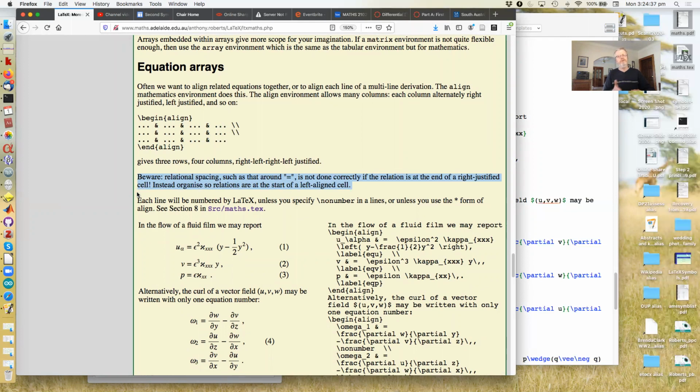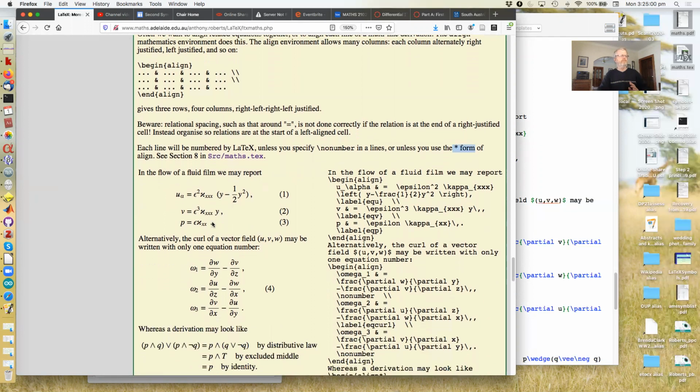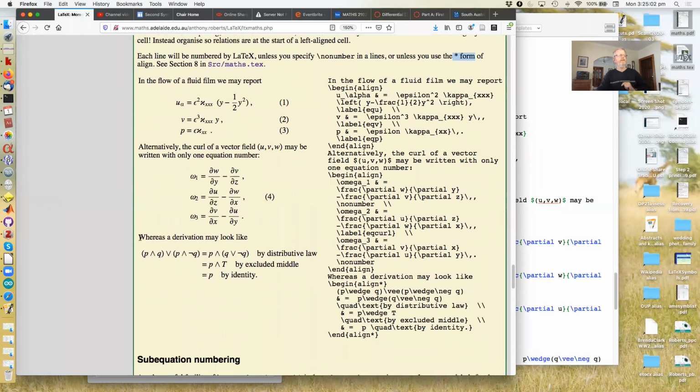It's not LaTeX, it's one of the people who wrote the AMS math package. Okay, organize your maths so relations are at the start of a left aligned cell. Okay, \nonumber stops the numbering. If you use the star form of the align, then there's no numbering at all, as in this derivation.